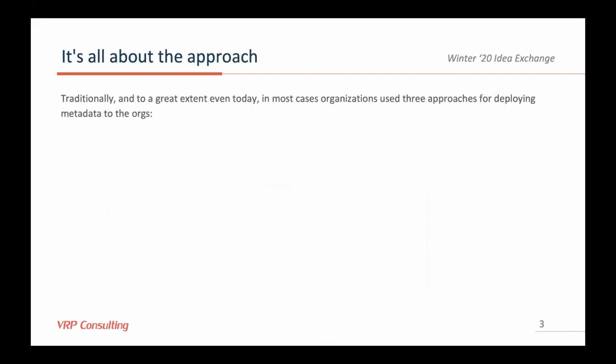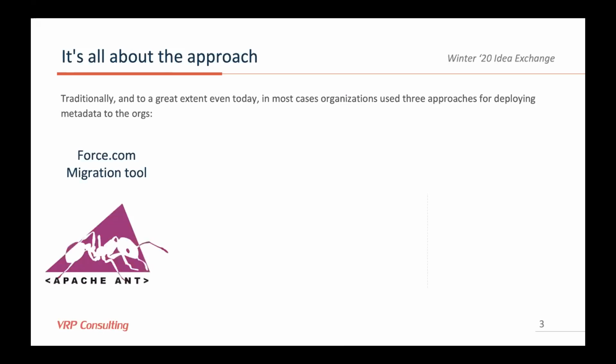Let's talk about approaches for deploying metadata to different orgs and their challenges. Traditionally, and to a great extent even today, in most cases, organizations use 3 approaches for deploying metadata to the orgs. The first one is the Force.com Migration Tool.